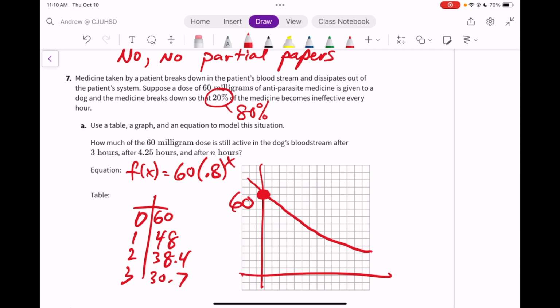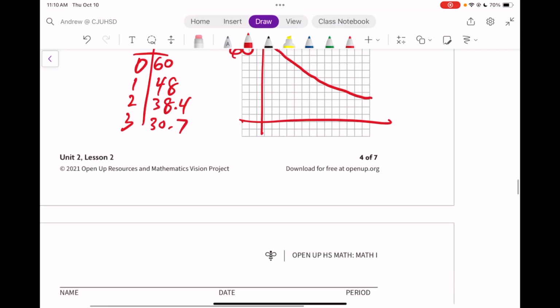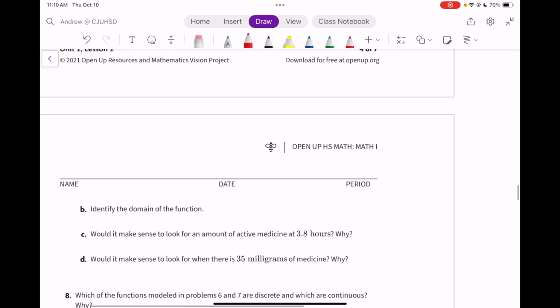In the mathematical model, you're never going to get rid of all of it. But in reality, we know we are. The domain of the function is positive numbers. Would it make sense to look for an amount of active medicine at 3.8 hours?